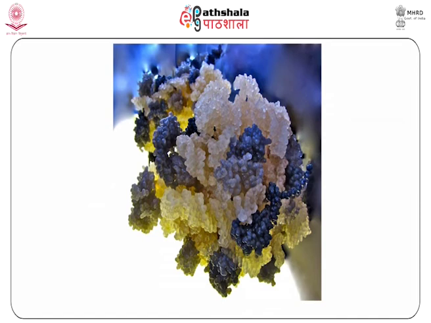A ribosome is made from complexes of RNAs and proteins and is therefore a ribonucleoprotein. Each ribosome is divided into two subunits: a smaller subunit which binds to the mRNA pattern and a larger subunit which binds to the tRNA and the amino acids.